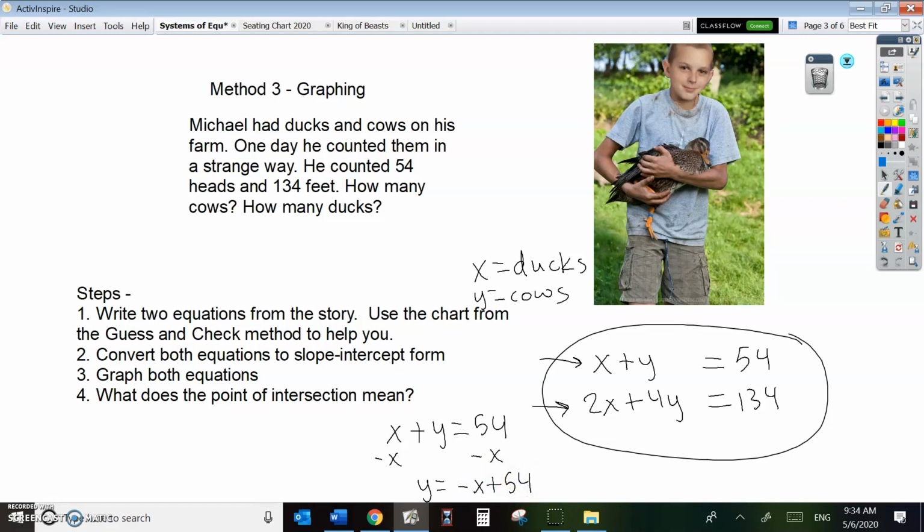And then this bottom equation, we need to subtract 2x from both sides. So 4y equals negative 2x plus 134. Divide both sides by 4.